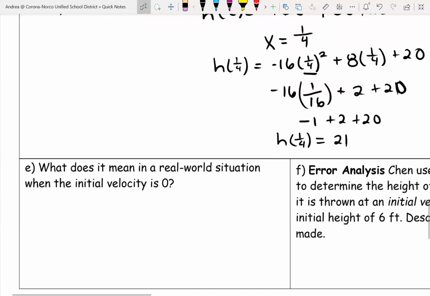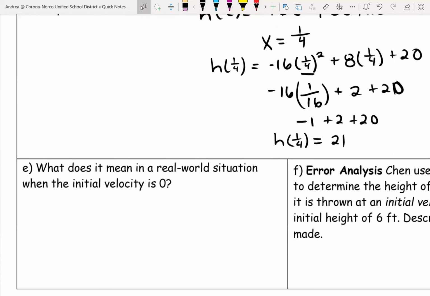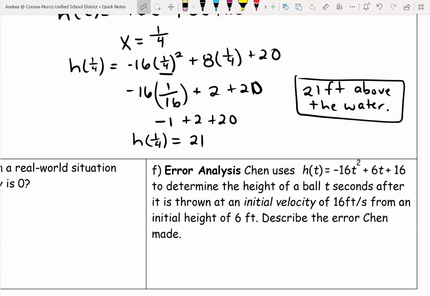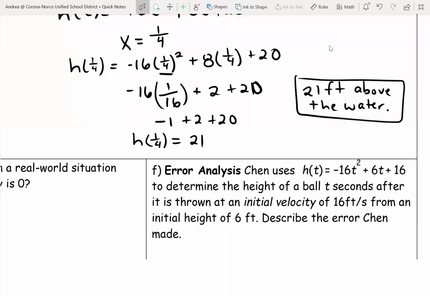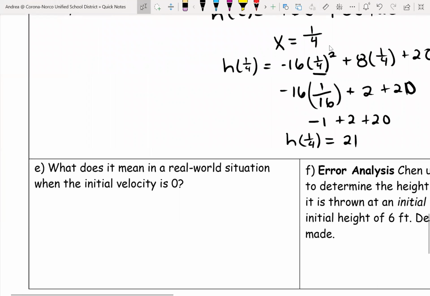Okay, what does it mean in the real world situation when the initial velocity is zero? And find the error. I'm having issues reading right now. Okay, you do those two right now. Okay, this one is really tricky.